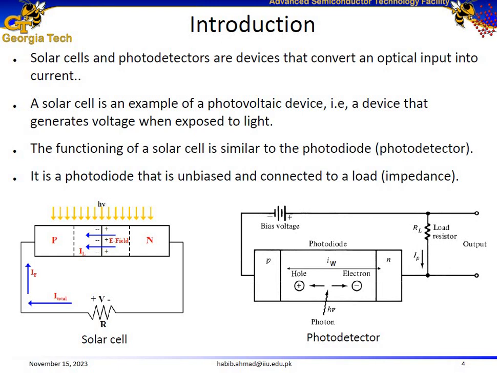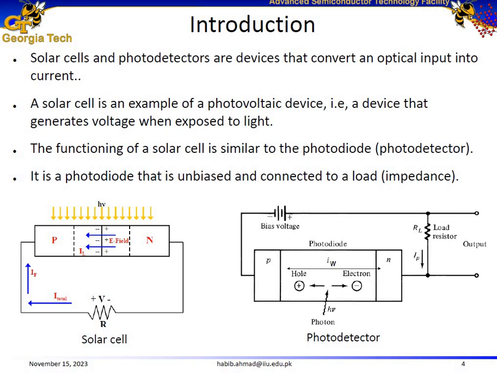So when light is incident on this p-n junction, and assuming that the energy of the incoming photons is greater than the band gap of the semiconductor, this light would result in the generation of electron-hole pairs. But the condition is the energy of the incoming photons should be either greater than or equal to the band gap of the semiconductor.